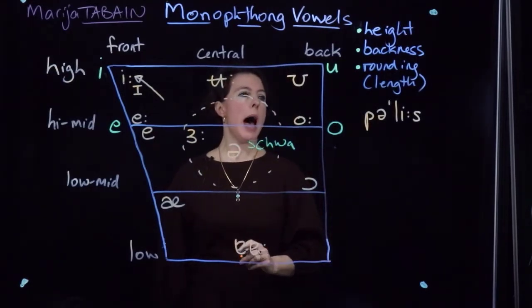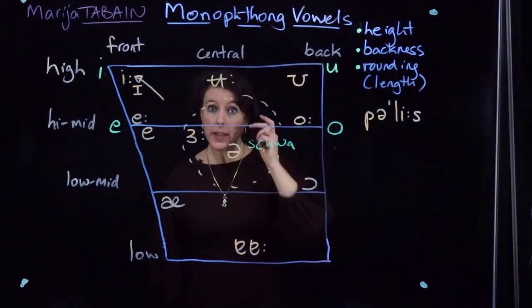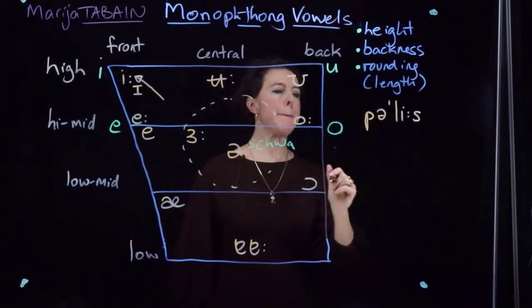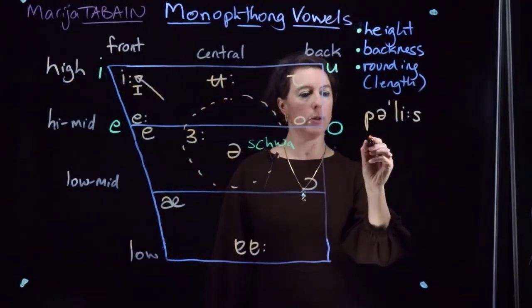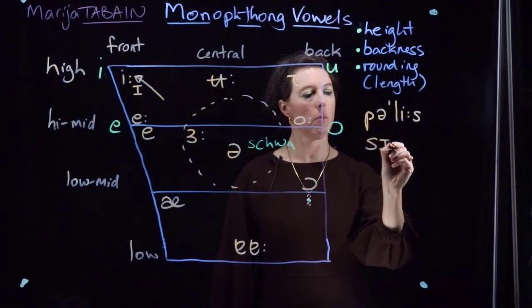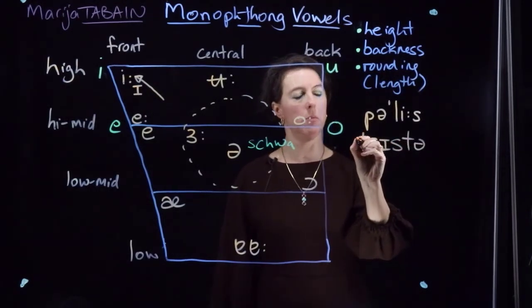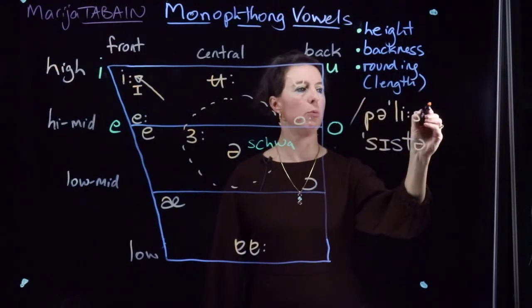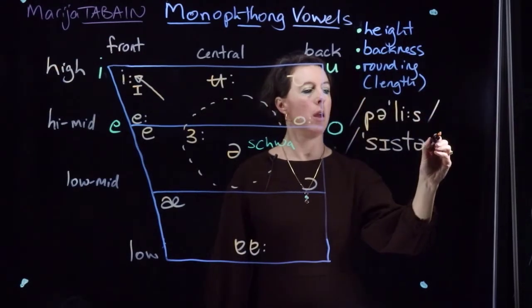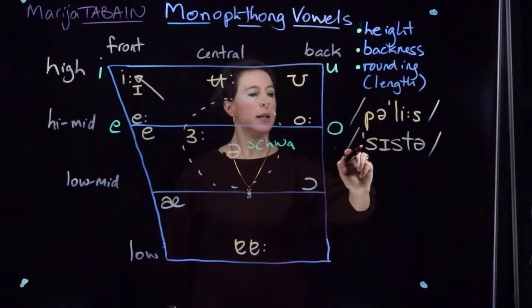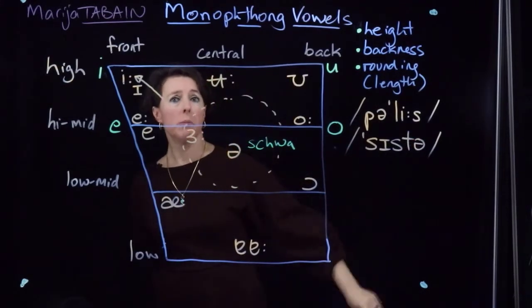So very, very common at the ends of words, this vowel. So I could say sister. Let me just do good form and put my stress mark there, and I'll just put them between the slanty brackets there. Okay, sister. All right. At the ends of words, really common.